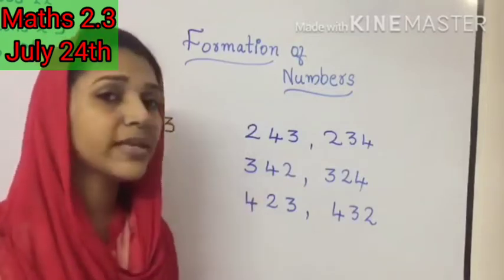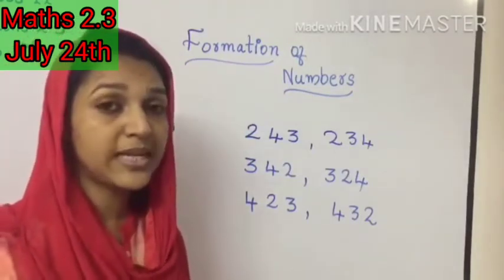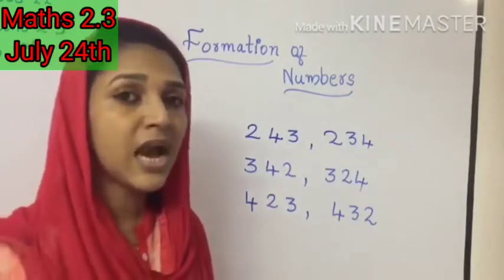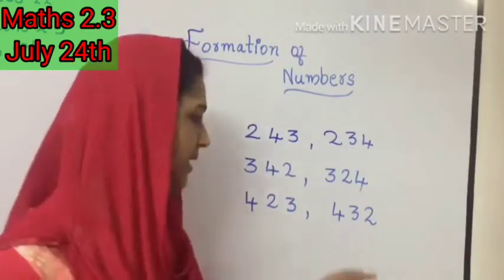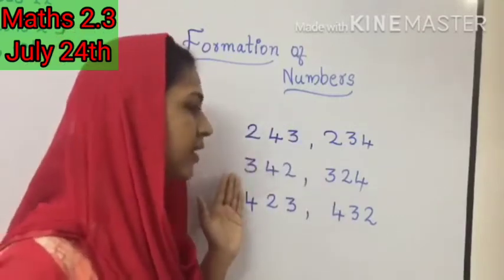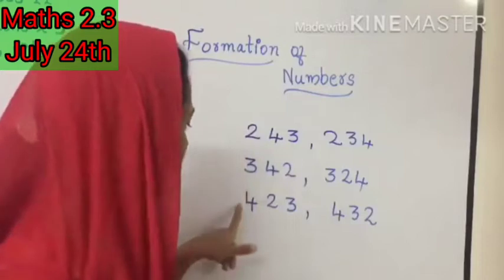In this, which one is the greatest number? The number starting with the greatest digit on 100 place. It is 400. 200, 300, 400. Which is the greatest number among these? 4.